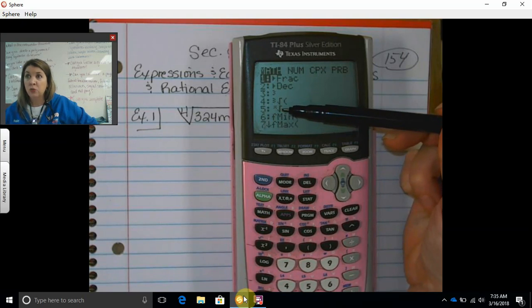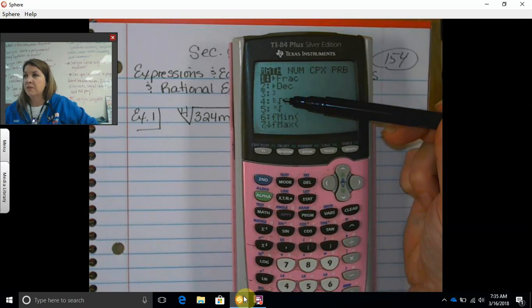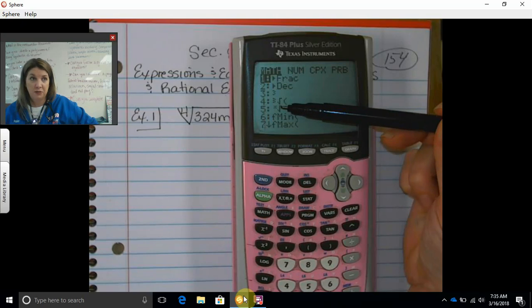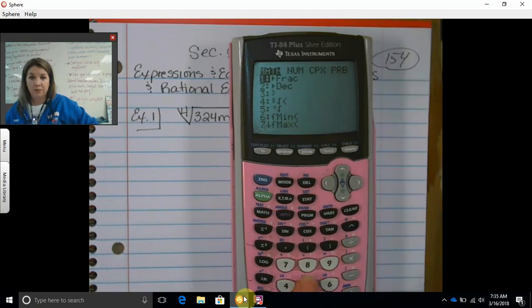That's whatever index that we chose. We chose 4. You got to put it in first. If you want cubed root, option 4 automatically has the cubed root, so you don't have to hit 3 first. If you do hit 3 first, that's okay. You can just use option 5. But we're using option 5. So you can scroll down to it, or you can just hit 5. And that's the way it looks. It looks weird. It looks like 4 times the xth root of something, but it means the 4th root.